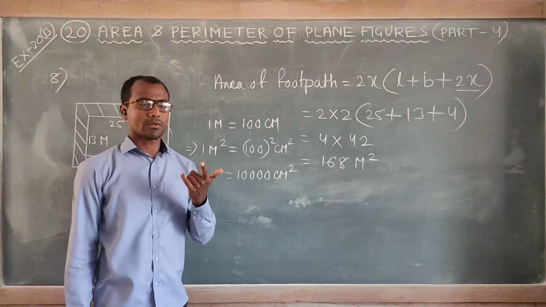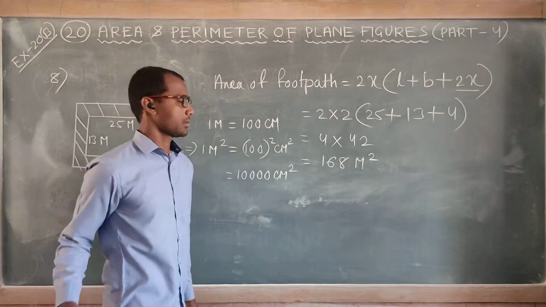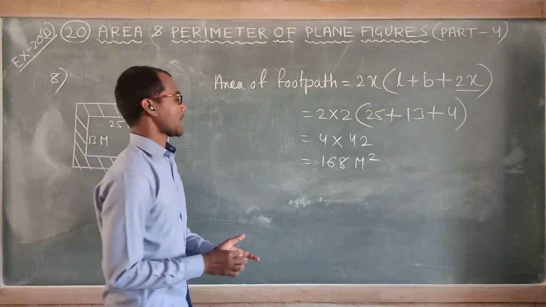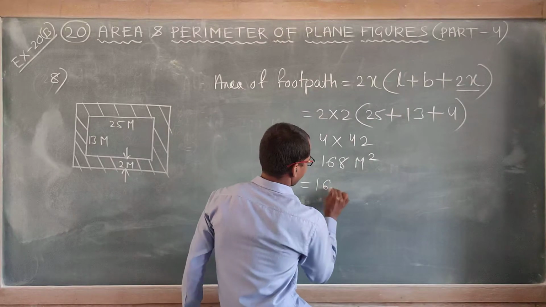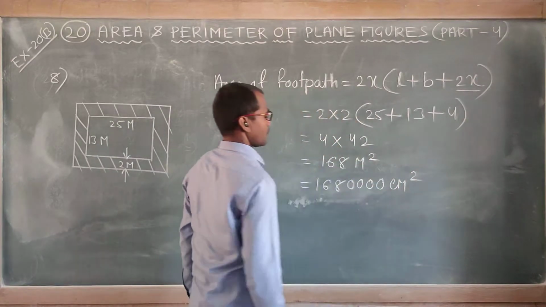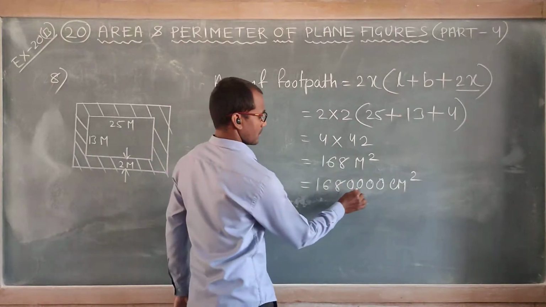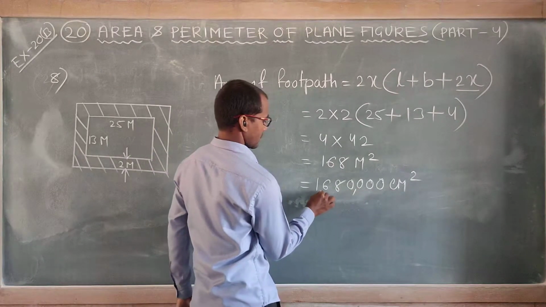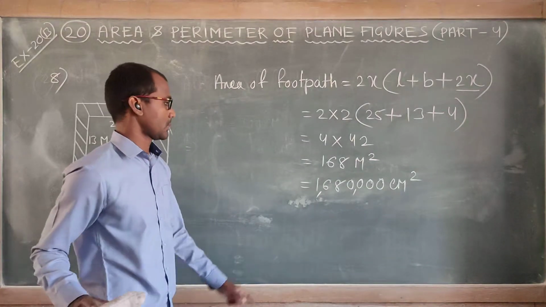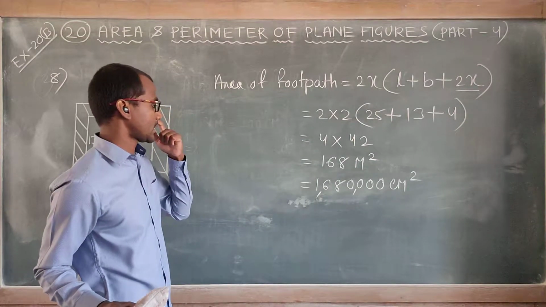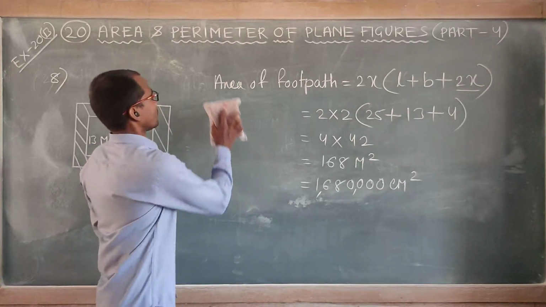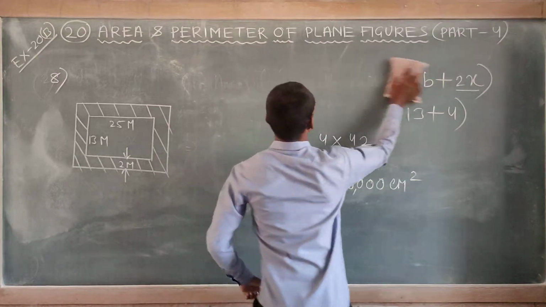So that is equal to 168 into 10,000 square cm. So here comma, here comma. International system. If you use the international system, 1,680,000 square cm. Okay. Now let us see how many tiles will be required.